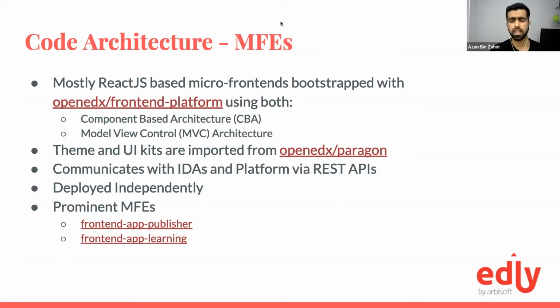Some of the MFEs still use MVC architecture that still supports development. And then we have a common utility called frontend-platform, and a common theming library and UI kit, which we named Paragon. All the UI components, like the button, the nav bar, and everything, are imported from Paragon, and then we customize them.